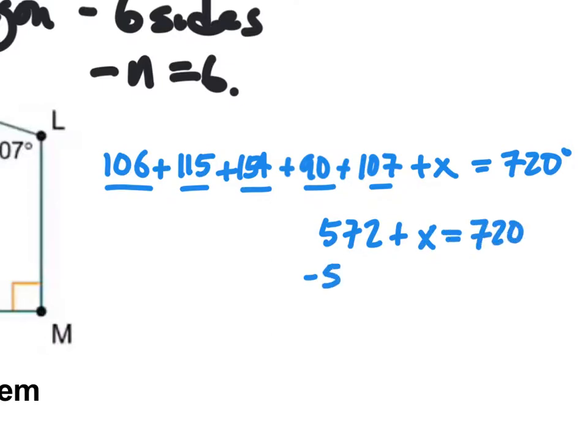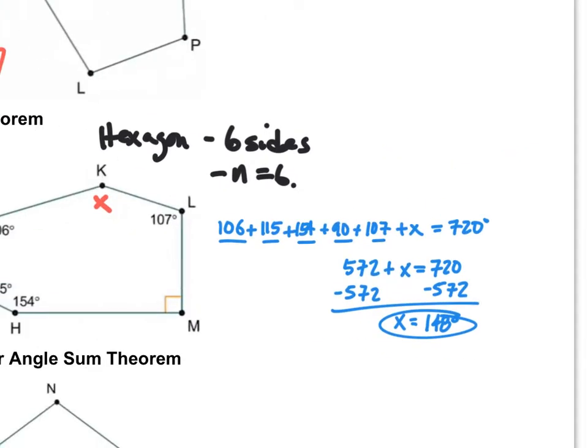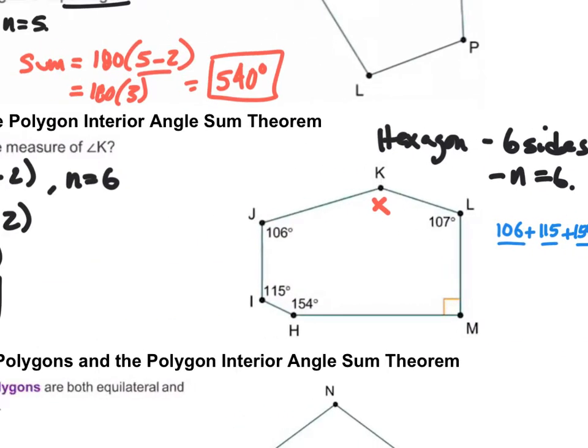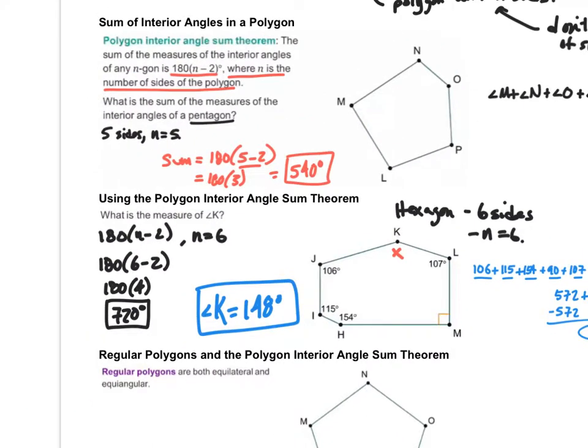I'm going to subtract off 572, and so we get that x is equal to 720 minus 572, and that's going to give me that x is equal to 148 degrees. So our answer then, if we find out what x is, we know that angle K is equal to 148 degrees. And that's what we're looking for. So we can use that as well.